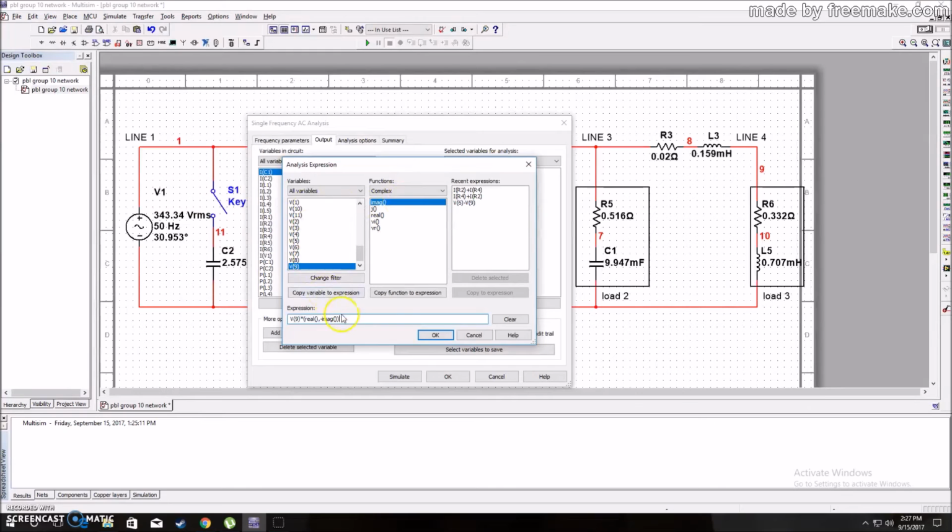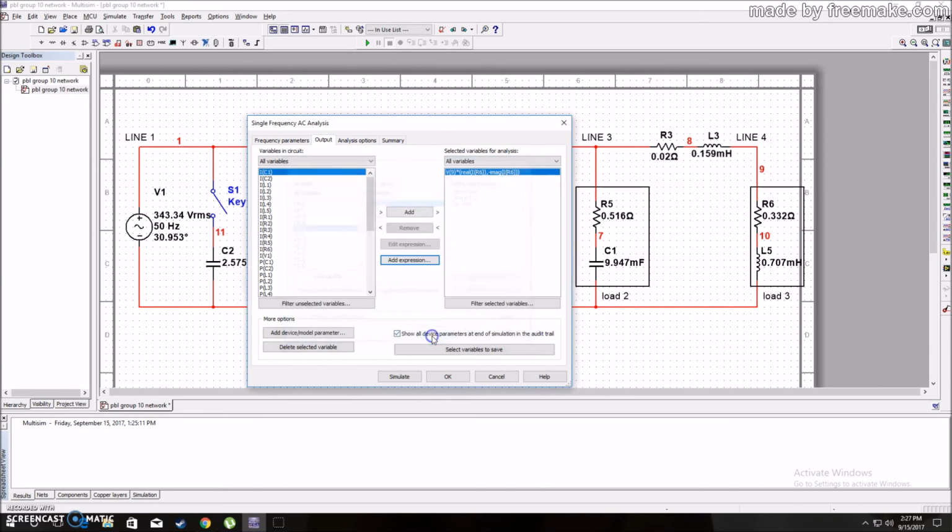So the real and imaginary will be selected by using the current flowing at load 3. So the current flowing at load 3 is equal to IR6, and the imaginary will also be using the IR6.